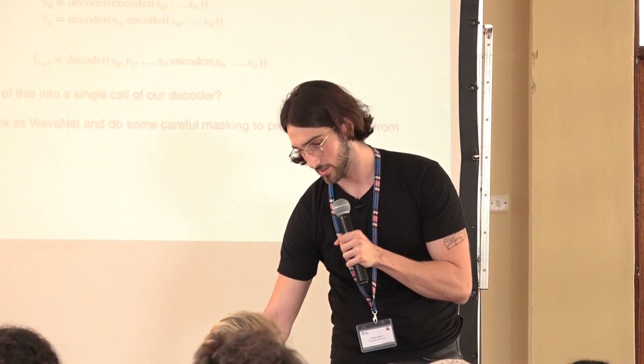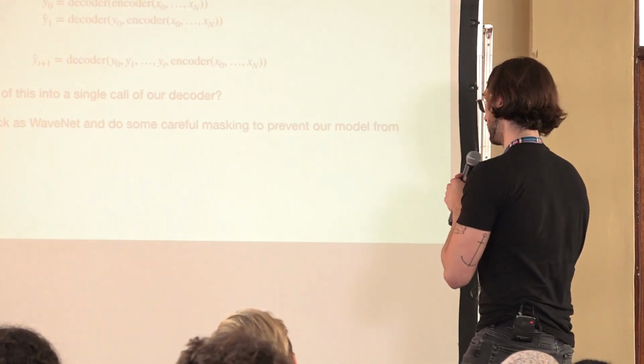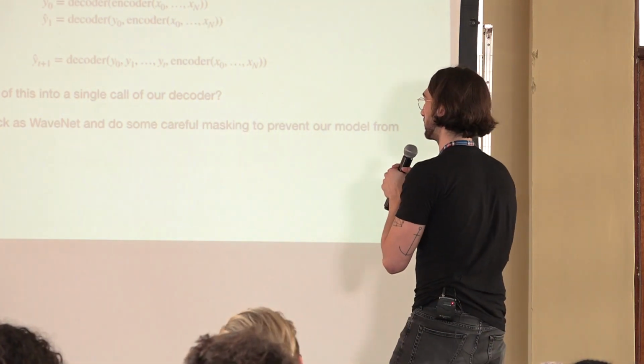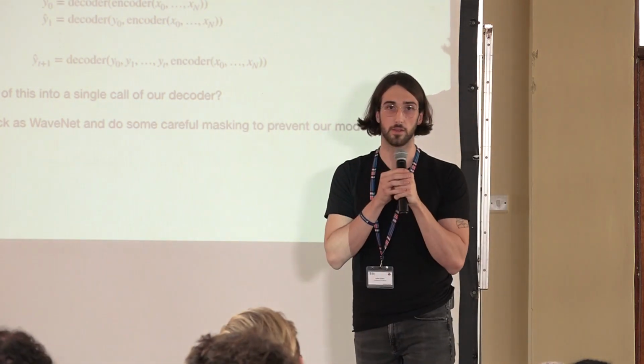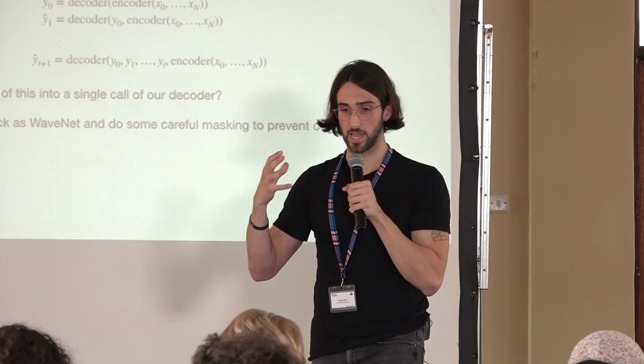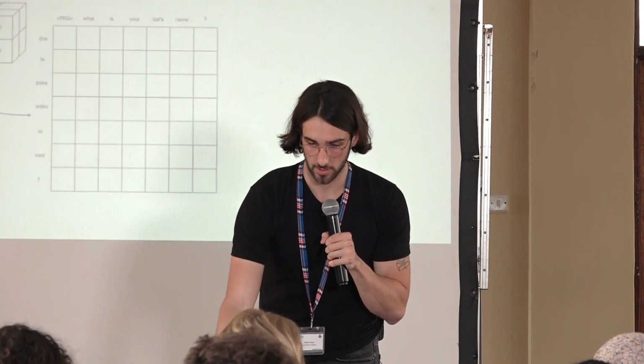Okay, so the trick to do better is borrowed from stuff like WaveNet and PixelCNN, where you basically augment the architecture of your neural network so that it can't cheat. And what do I mean by cheating?